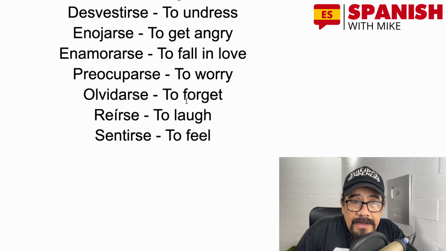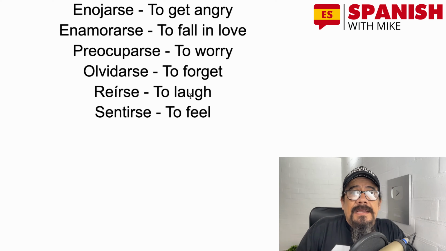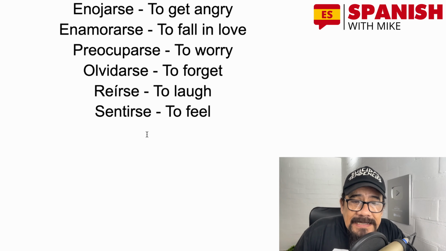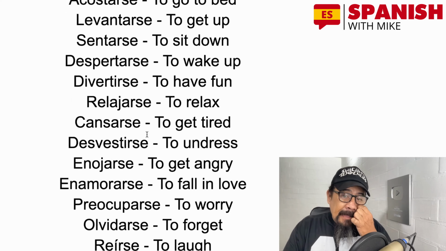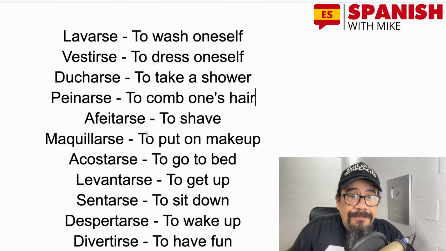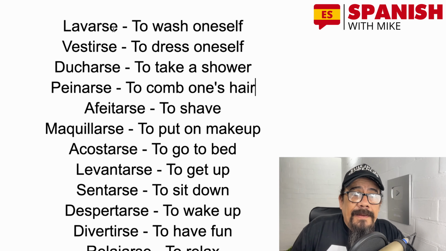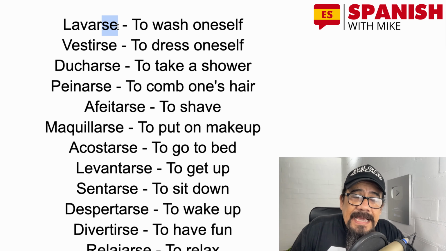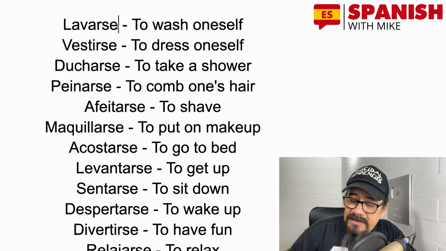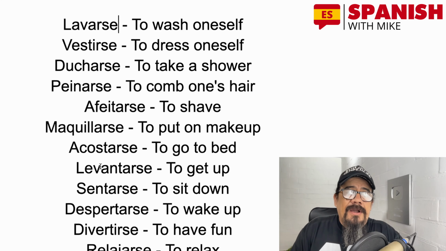Preocuparse, to worry. Olvidarse, to forget. Reírse, to laugh. Sentirse, to feel. So as you can see, this is very important, and these are the most common reflexive verbs in Spanish, and when we use the verb, we use the reflexive pronoun as I explained before. This is basically it when it comes to reflexive pronouns.